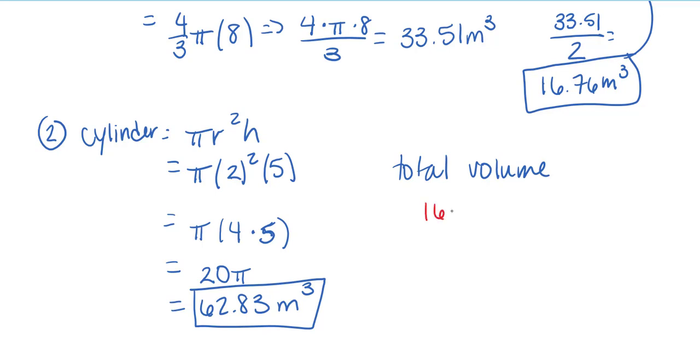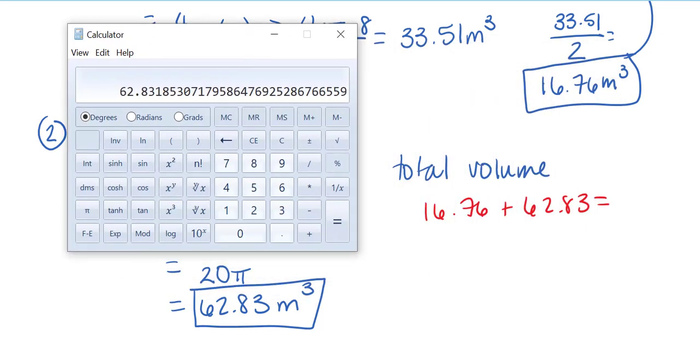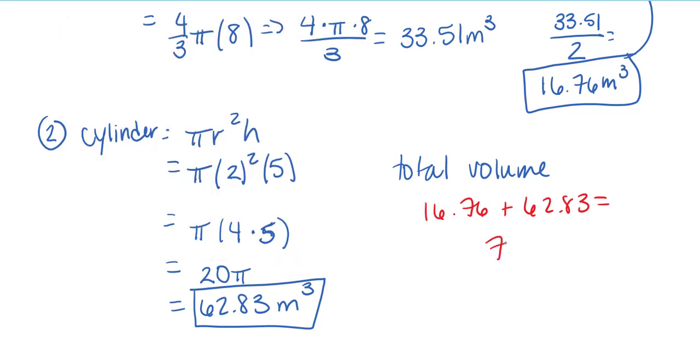So we get 16.76 plus 62.83, and we get 79.59 meters cubed.